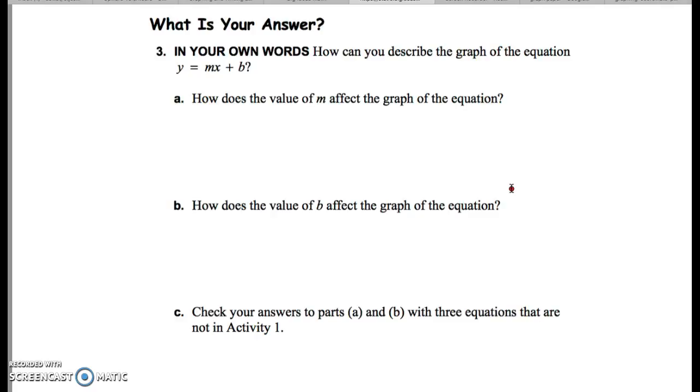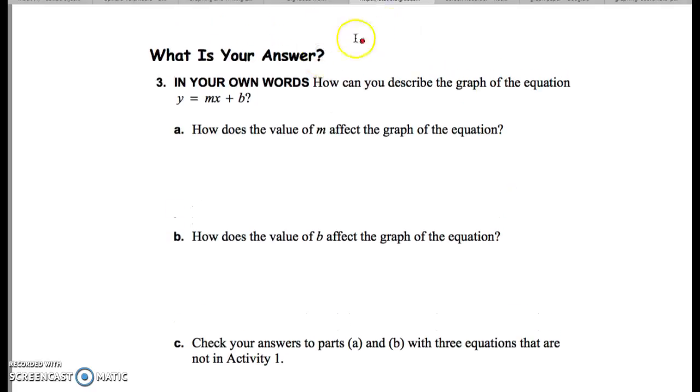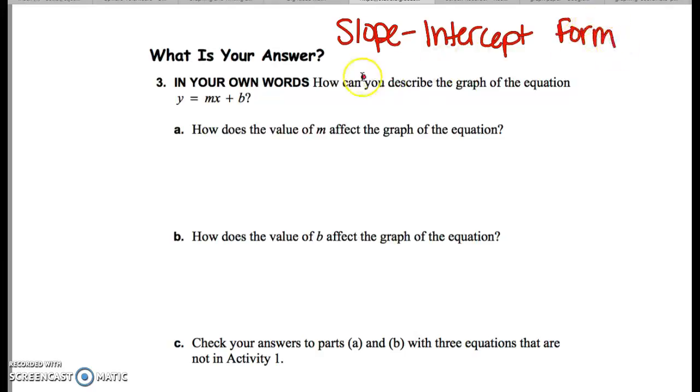Okay, first of all, this form is called, again, it's the title of the lesson, slope-intercept form. You're going to hear that a lot, so you can get used to this terminology, slope-intercept form. Okay, and what it looks like is that's this right here, y equals mx plus b. That is slope-intercept form.